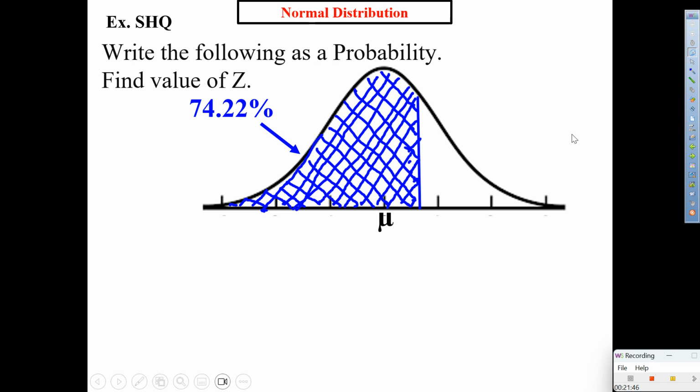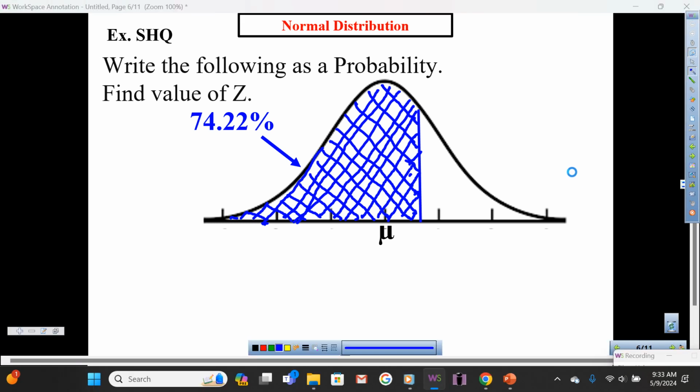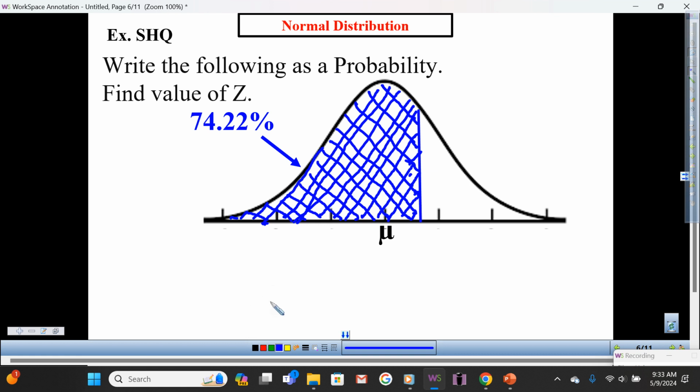Okay? All right. Let's z how you do with this one. Copy that one. Example: 74.22%. I'll give you some time. Copy and go. All right. So, walk me through the process. Fernando, what's the first step?